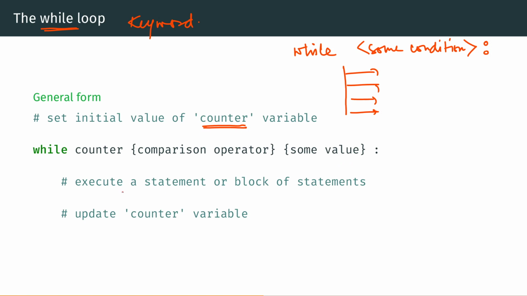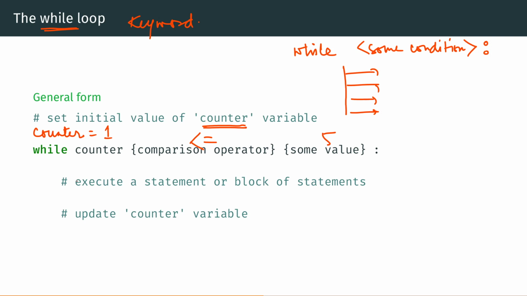So what we would do is we set the initial value of the counter variable. So we'll say counter equals 1. Now we check if the counter is less than or equal to 5 or not. We'll say while counter is less than or equal to 5, we execute a statement or a block of statements.